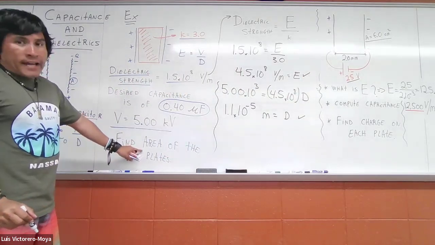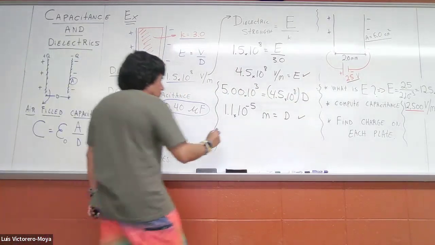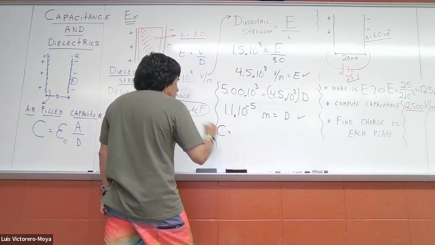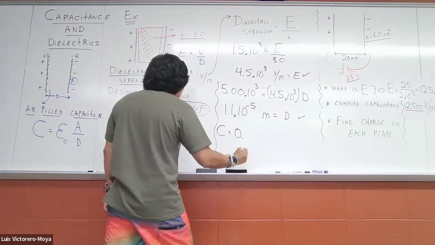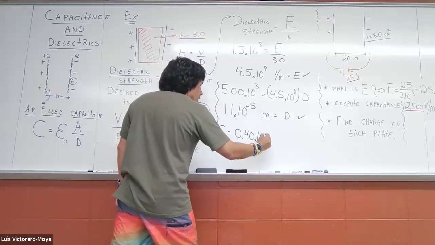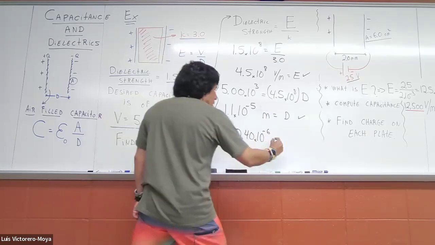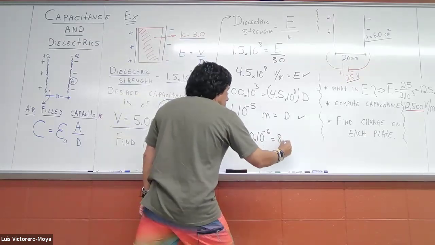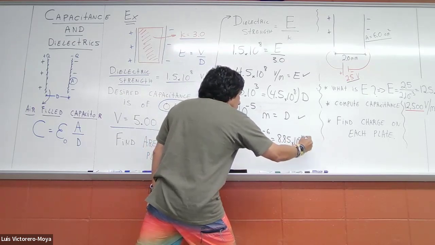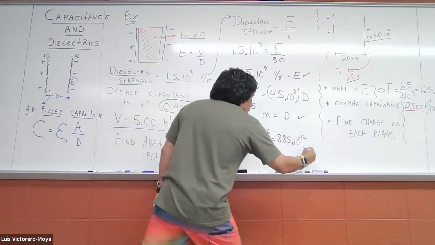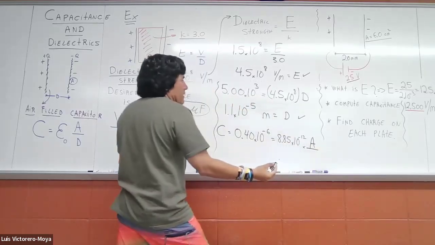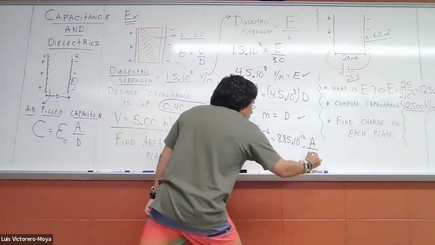Now, to find the area of the plates, the capacitance, which is 0.40 microfarads, is epsilon naught times area, I want the area, divided by the distance.